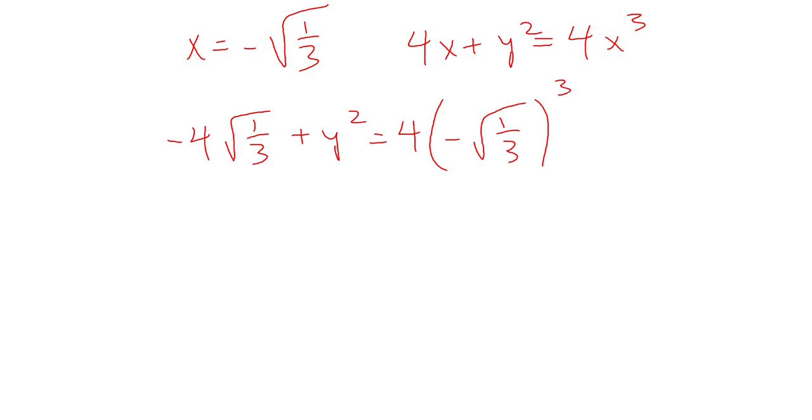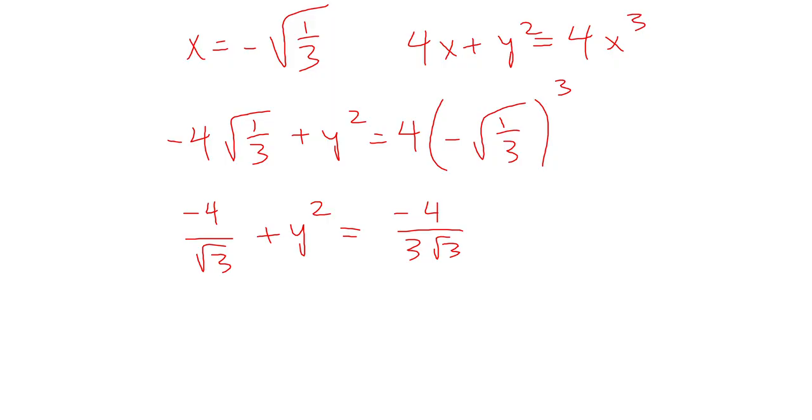And so this time this is going to work out a little bit more nicely. Let's just simplify this down a little bit first. This is negative 4 times root 1, which is just 1, over root 3 plus y squared. And then on this side, it's going to be a negative 4, because the negative is going to stay. The root 1 is 1, and cubed is 1. So 4 times negative 1 is negative 4, over 3 root 3.